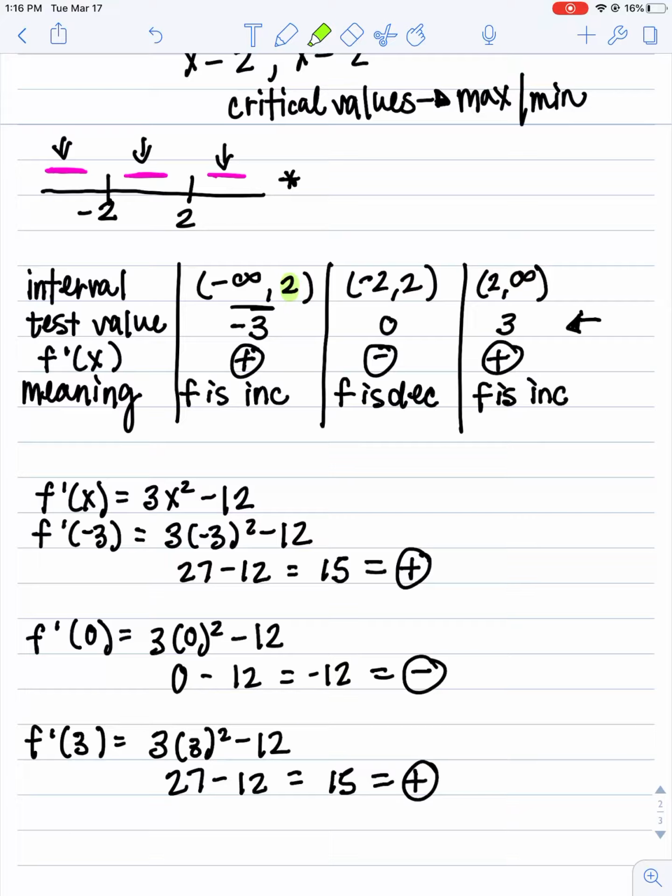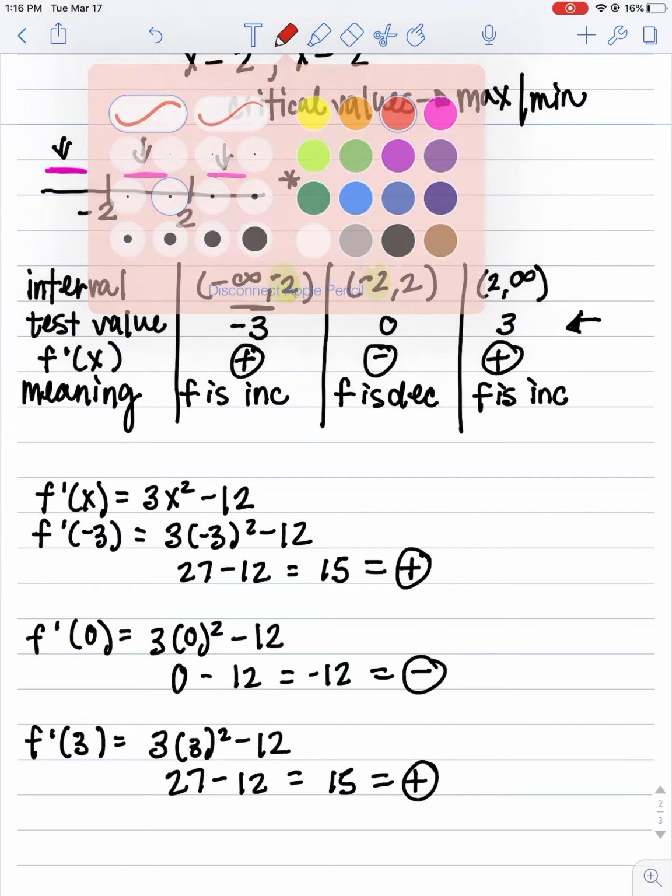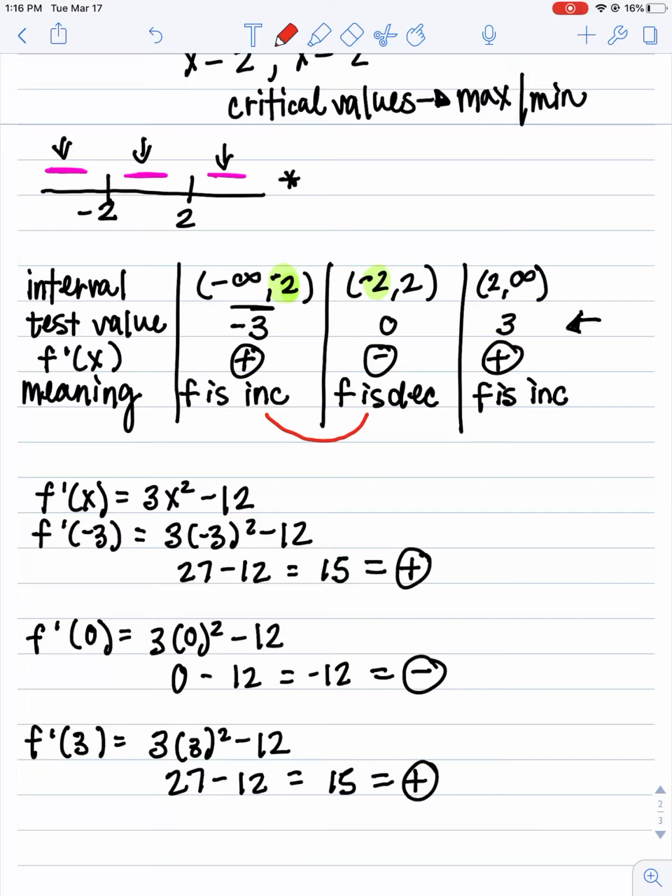Remember, the first critical value was negative 2. I didn't even put my negative sign. So the first critical value was negative 2. Take a look at negative 2. At negative 2, you went from increasing to decreasing. So we literally changed from increasing to decreasing, which means we were going up and now we're going down.